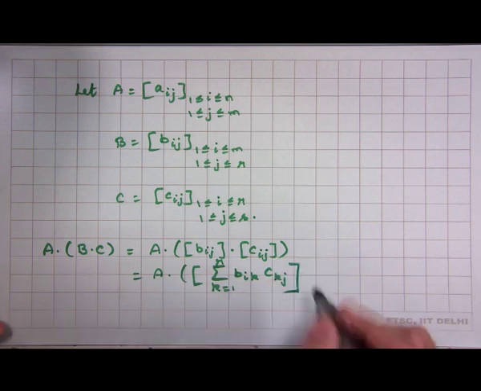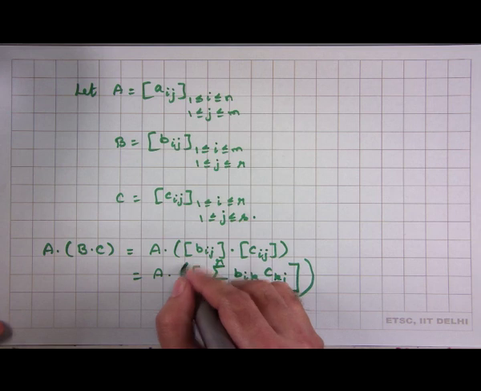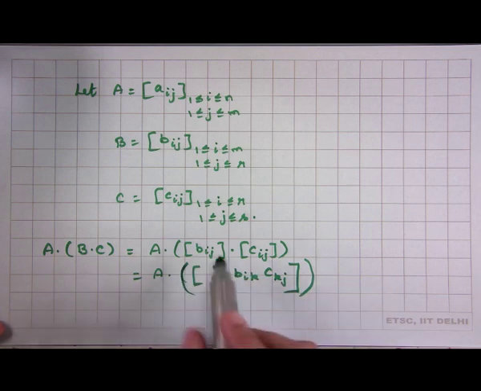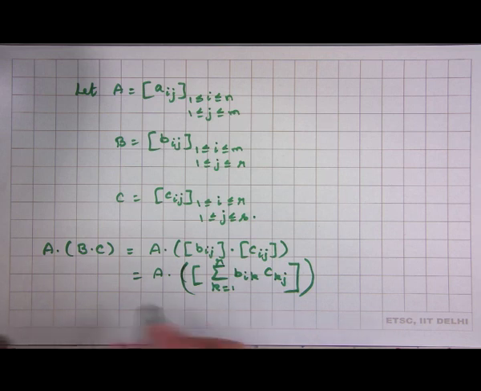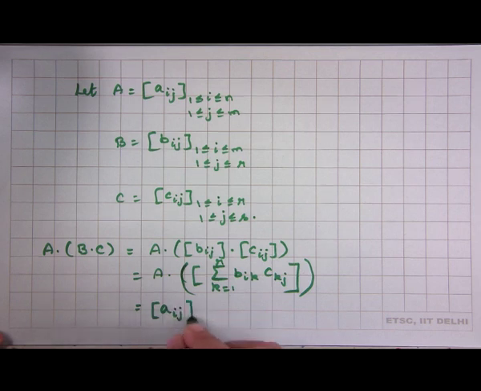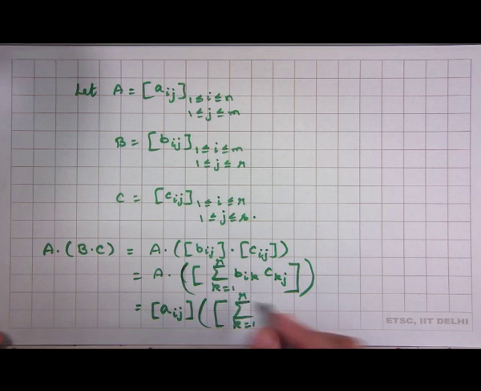One should notice carefully over here that these two are compatible, therefore this makes sense. So, this is equal to Aij dot with this matrix whose entries are given by summation k running from 1 to r, Bik Ckj.